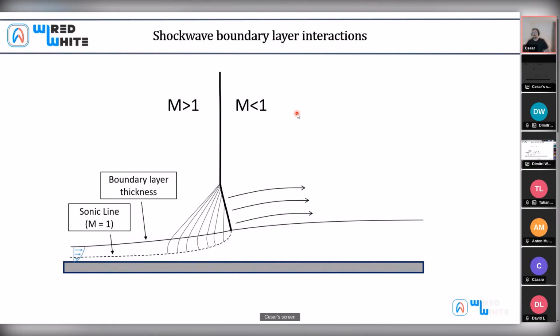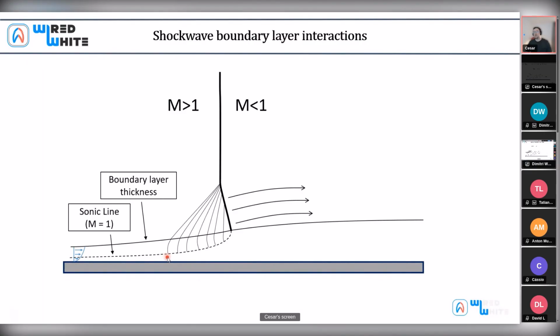As we have already seen before, in supersonic flow, when you perceive a deflection, you will always have a shock, right? So what occurs here is that we have bent the sonic line.